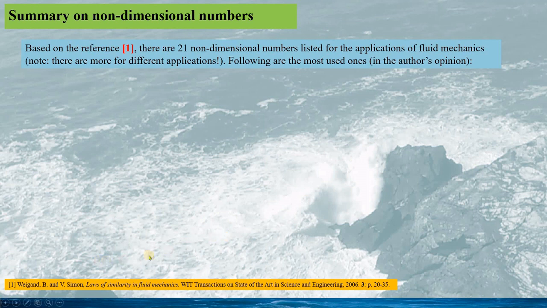According to the reference, we have many more non-dimensional numbers. In the paper, 21 different non-dimensional numbers have been listed. But in fact, there are more non-dimensional numbers or parameters used for different applications.